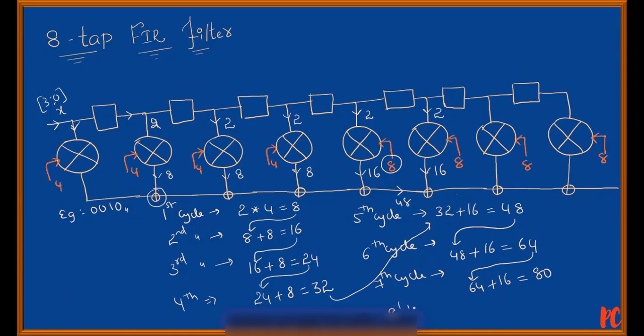Again for the last clock cycle, as usual, this input comes across, and the value here is 80. This is added with 16, and the result I will produce is 80 plus 16, which is nothing but 96. So this is how my FIR filter is going to perform. So let's start designing it.